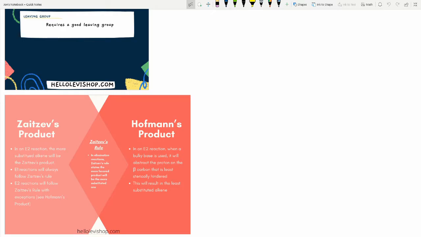So we have a rule that we follow, Zaitsev's rule, which predicts that the major product of the elimination reaction, among the mixture of products, will be the more substituted alkene. This is Zaitsev's product. E1 reactions, which we'll talk about later, will always follow Zaitsev's rule. E2 reactions will follow Zaitsev's rule with a few exceptions.